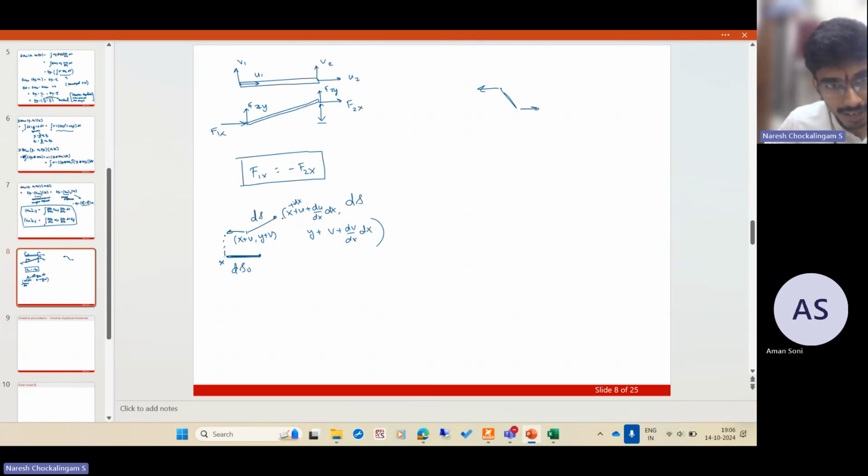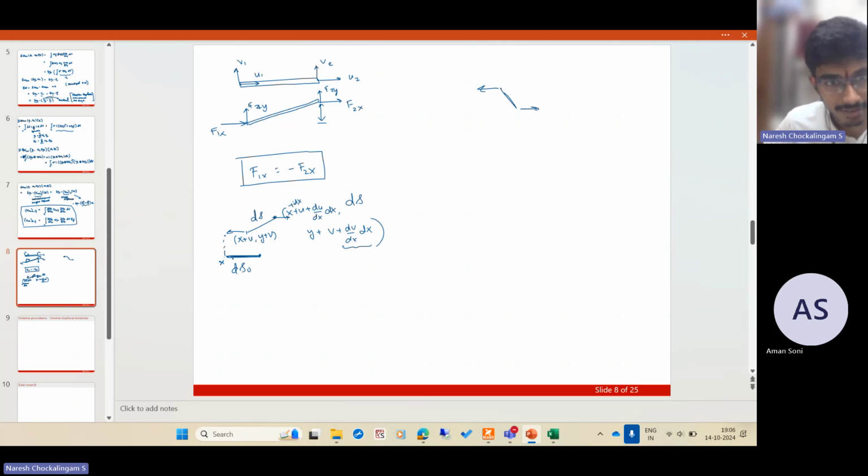So if you take the forces and write down the virtual work expression, the forces, suppose they stay constant during the process, they will also do some work on this component.